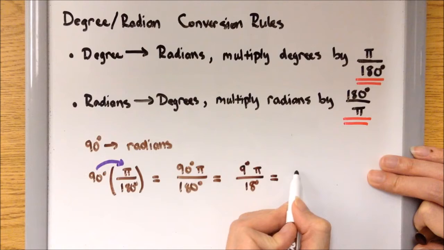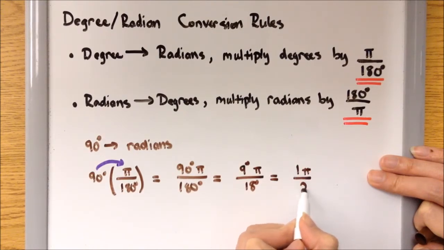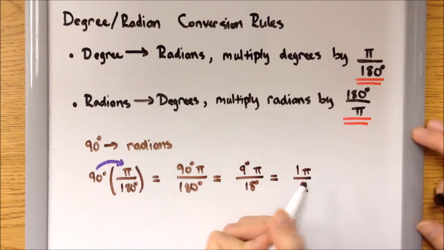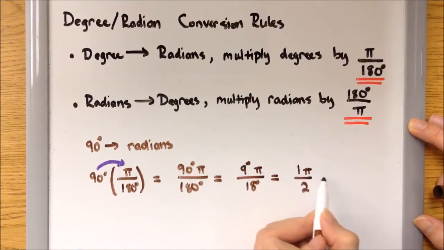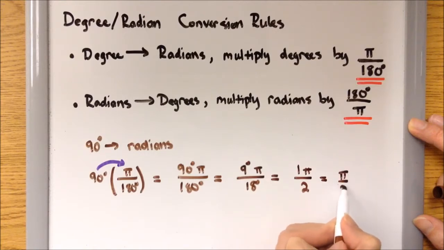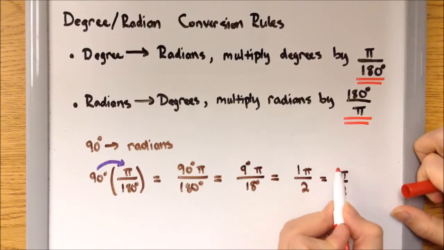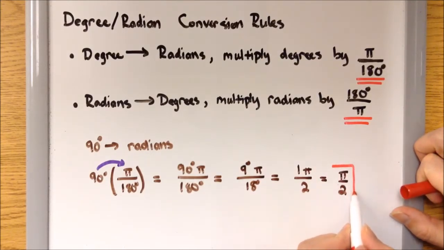So 1 pi over 2 is the same thing as pi over 2. You can write the 1 or you don't have to write the 1. But that's basically what you would do when converting from degrees to radians. So 90 degrees is pi over 2.